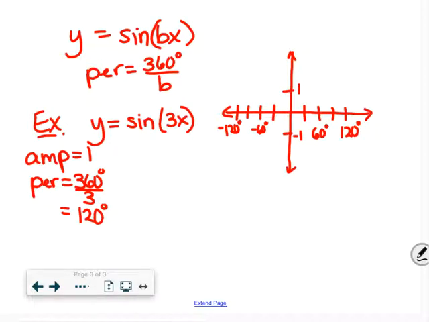You have to remember that the sine curve starts at 0, and then it goes either up to A or down to A, depending on if the A value is negative. So ours is just 1. And then I'm going to follow the curve, continuing the pattern to the left. There I have it.